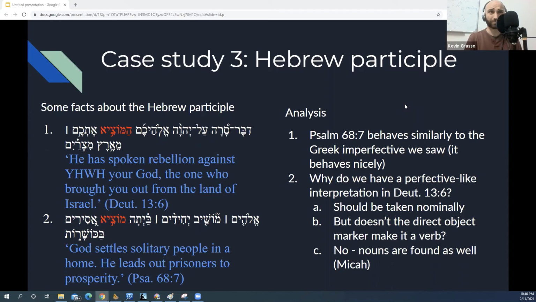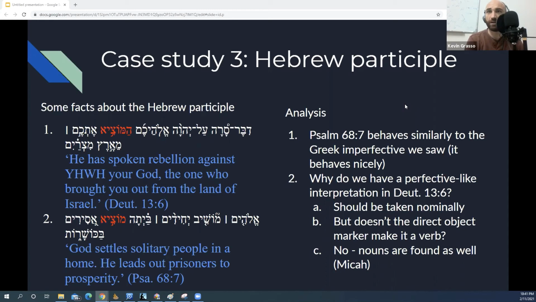This is something we should include in our analysis, and the way we would prove it one way or the other would be to see if nouns are found with direct objects as well. And in fact, in biblical Hebrew, they are. Nominalizations, nouns formed from verbs, are found with et in Hebrew.